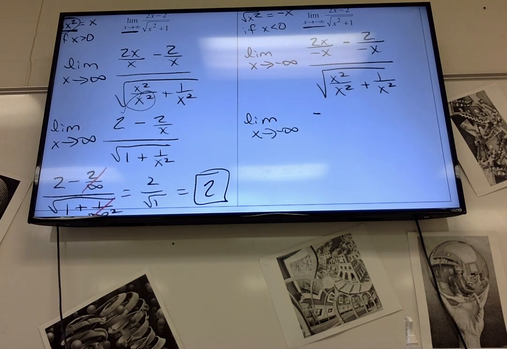So that's negative 2 plus 2 over x over the square root of 1 plus 1 over x squared.